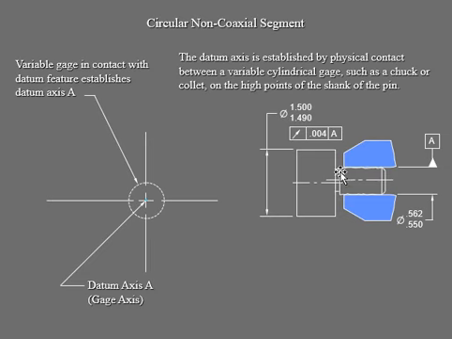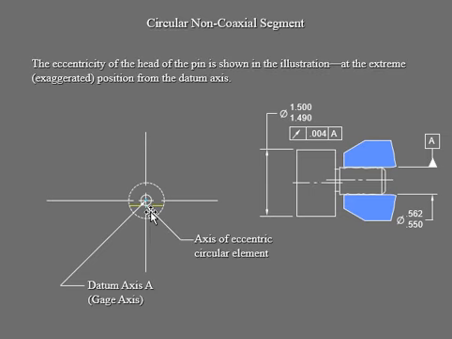But again, it's kind of off, from this to here in this example. So you have a different axis. You have a datum axis, which is that one, and then another axis right there, the blue one. That's the axis of the eccentric circular element.